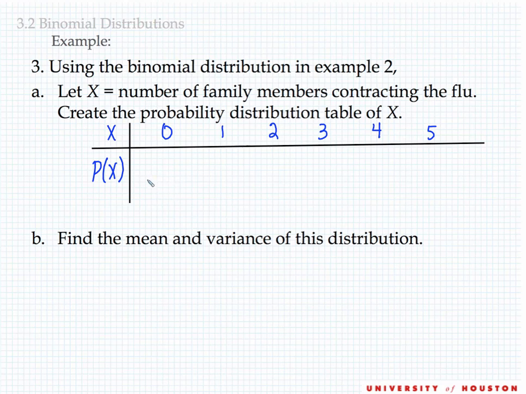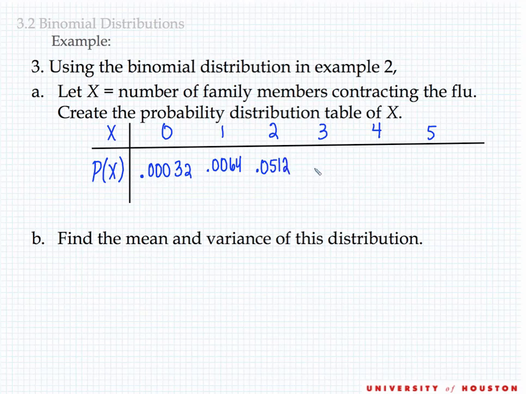As we found earlier, the probability that x is 0 is 0.00032. Using the same procedure, the probability that x is 1 will be 0.0064. The probability that x is equal to 2 is 0.0512.